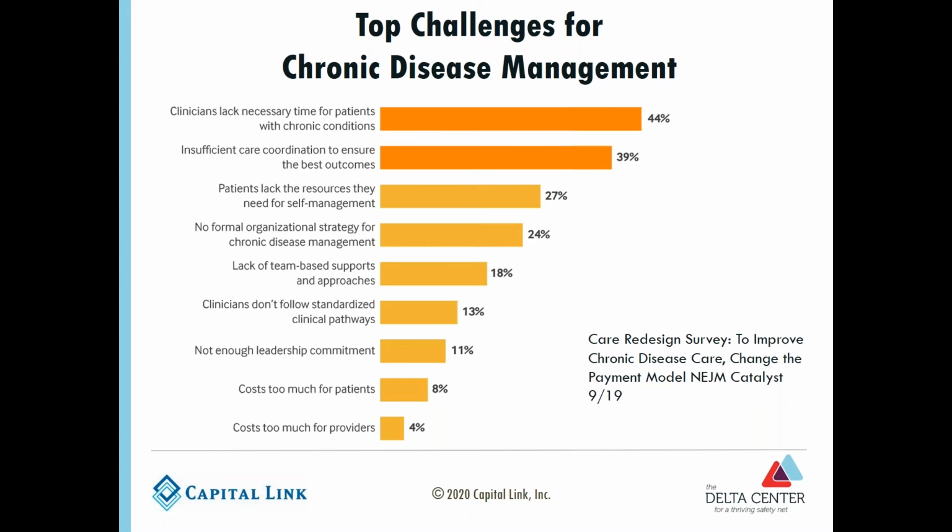I also think that in developing the clinical pathways in our health center, we identified that there were 5 patient conditions that represented 80% of what we did in the health center. It was diabetics, asthmatics, congestive heart failure, COPD, and I always forget the last one, but there were 5 of them.